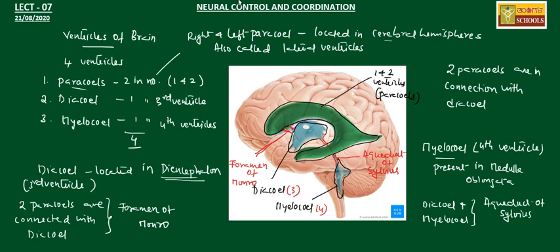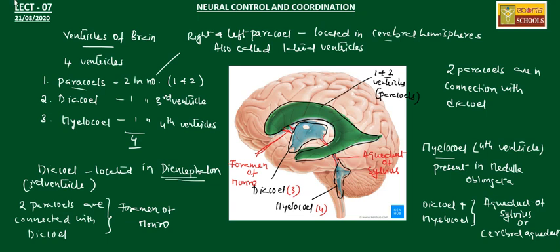This is also called the cerebral aqueduct. We have studied that this narrow passage passes through the midbrain. So in the midbrain, we find this aqueduct of Sylvius or cerebral aqueduct.